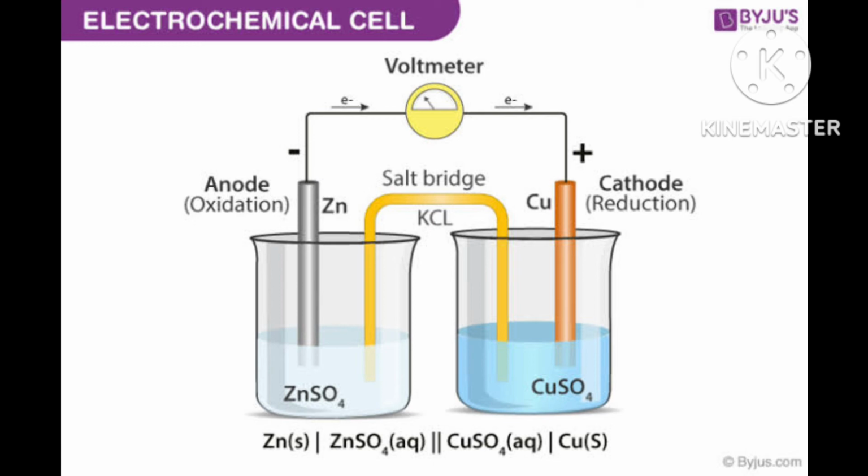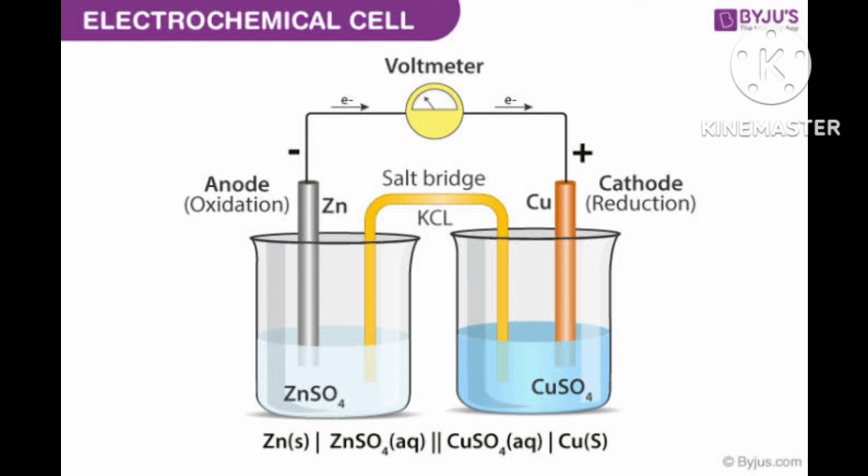So the first half reaction took place near the Zn and the other half reaction took place near the copper. Two half cell reactions took place. Because both are joined, now you get the net cell reaction. I already discussed this in the last class. Zn is giving the electron and copper is taking the electron.